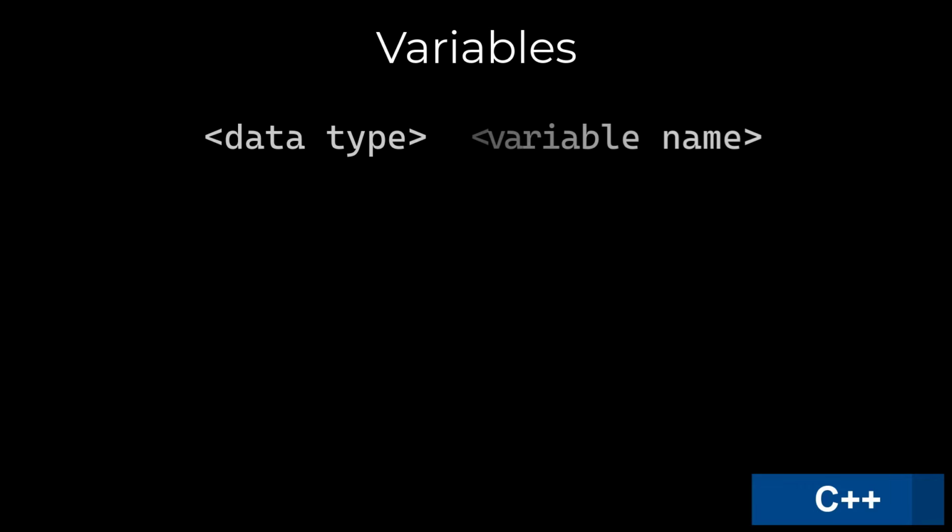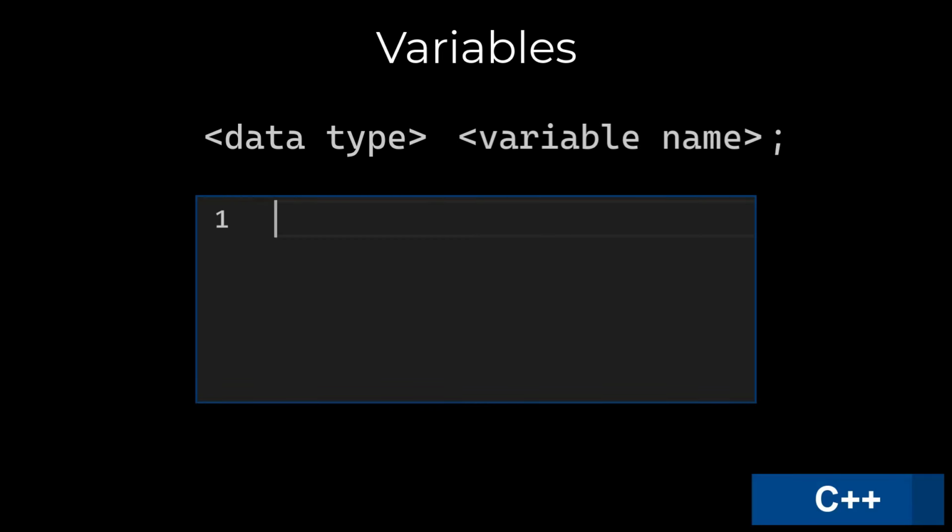Variables are an essential component of the C++ language. In C++, you define a variable with two parts, a data type and a variable name. A semicolon is also required to terminate the line of code. In C++, a carriage return doesn't signify the end of a line of code. Lines of code are always terminated with semicolons, so be sure to remember them.